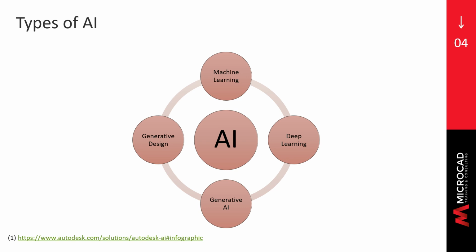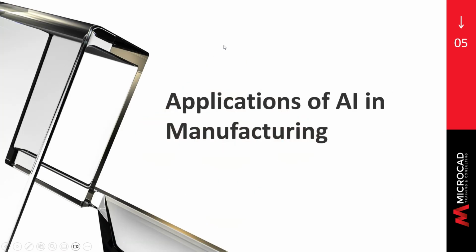Okay. So a very simple example would be asking ChatGPT to give you several solutions to a certain question, right? But when we're talking about Autodesk software, that's so much more. It's easier to see all of these things when you see the applications of this artificial intelligence in manufacturing, right?